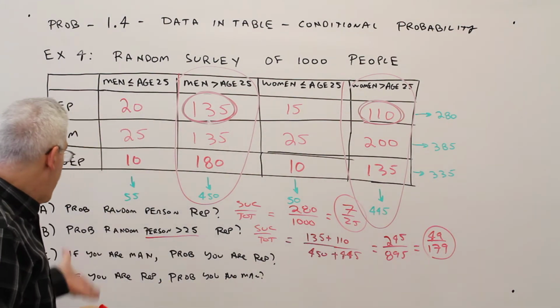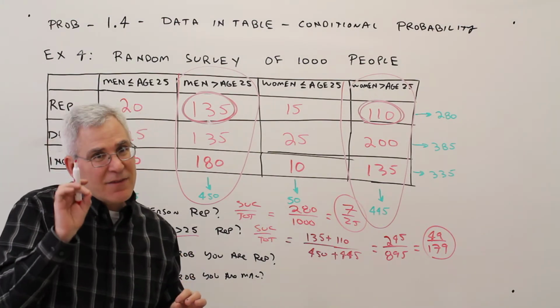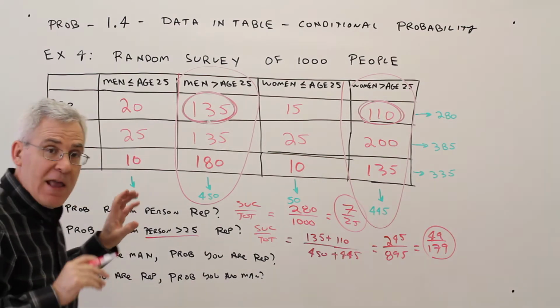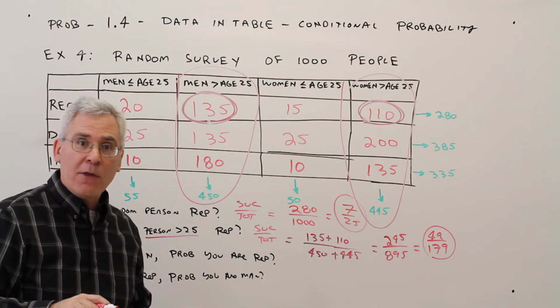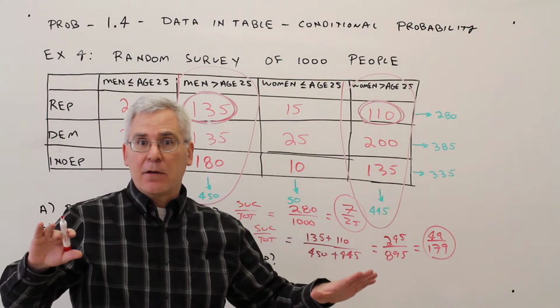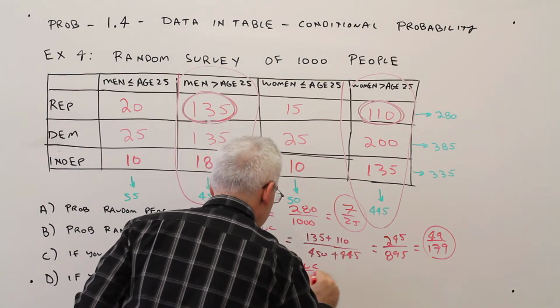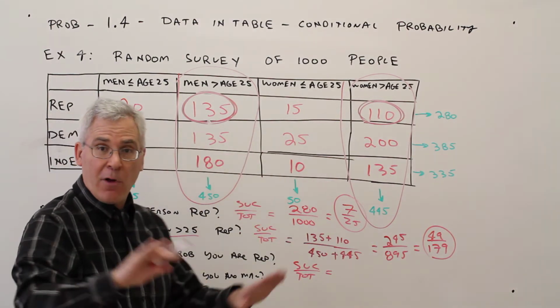Parts C and D are similar, but they've got a small nuance of a difference. C, if you are a man, what's the probability that you are Republican? Now I'm talking about all the men, so that's my sample space. Again, I'll go successful over total, out of all the men.